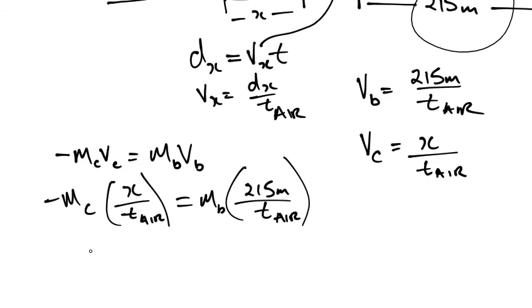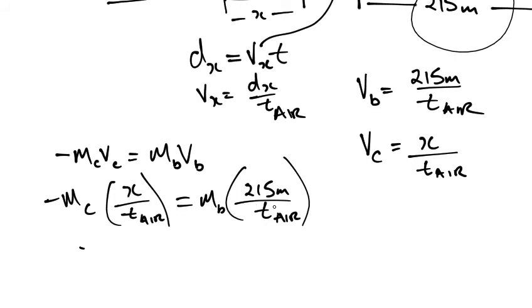So right now I want to know the time in the air. How am I going to do this? Well, let's take a look at the math here. We could cross multiply, or we could, now wait a minute, we can't solve for t air because we don't know x.